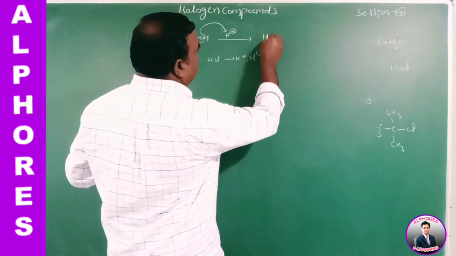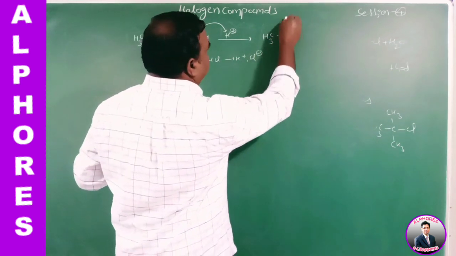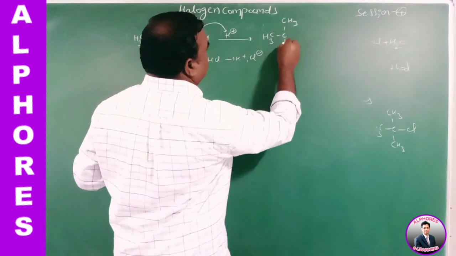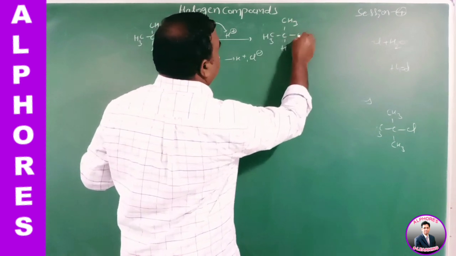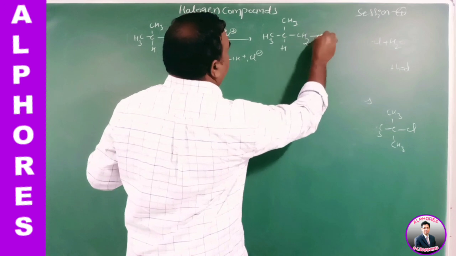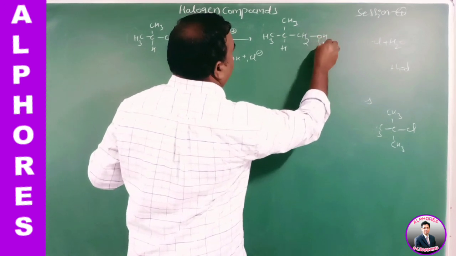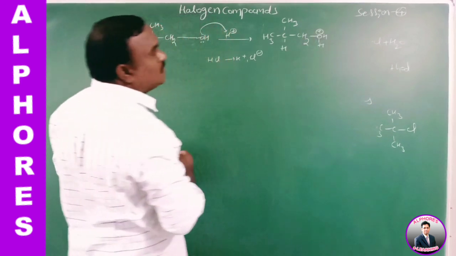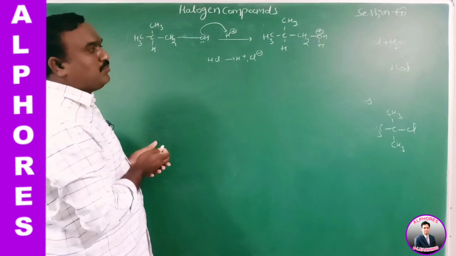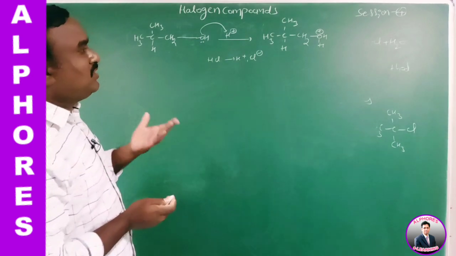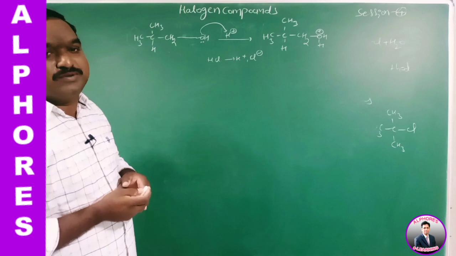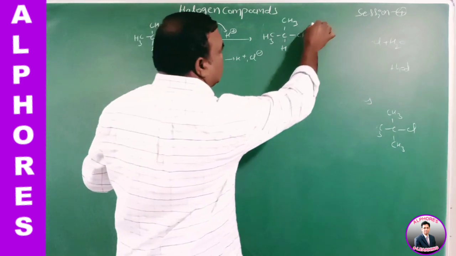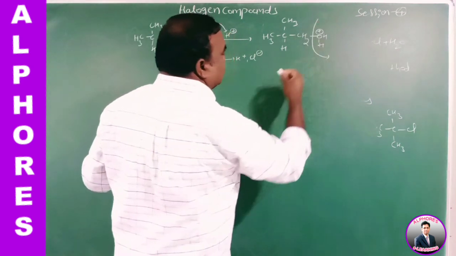Then we form CH3, CH3, CH2 OH plus. Due to the positive charge, the oxygen has three bonds, so stability is very low and it acts as a good leaving group.